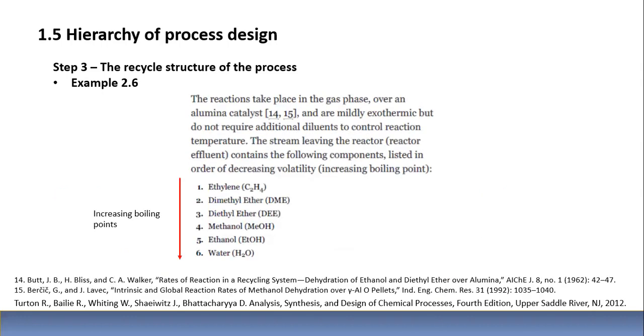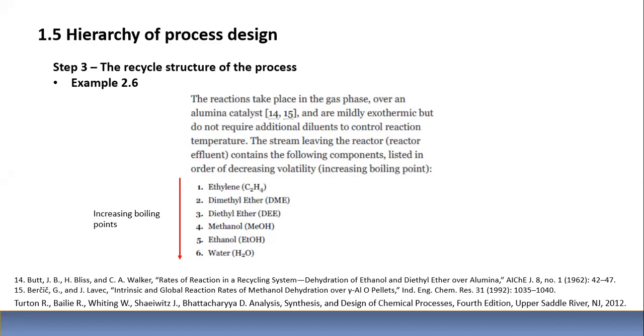The reactions take place in the gas phase over an alumina catalyst. We see some citations from Buck, Bliss, and Walker, and from Versick and Labick, about this alumina catalyst, and the reactions are mildly exothermic, but do not require additional diluents to control reaction temperature.